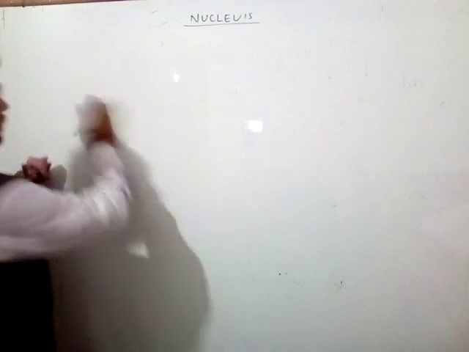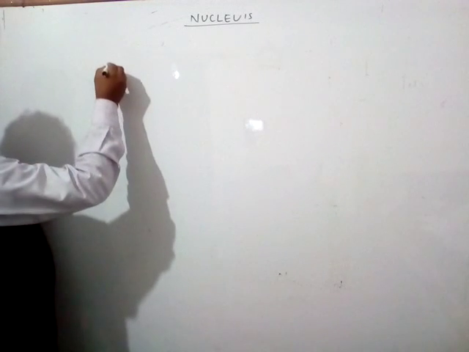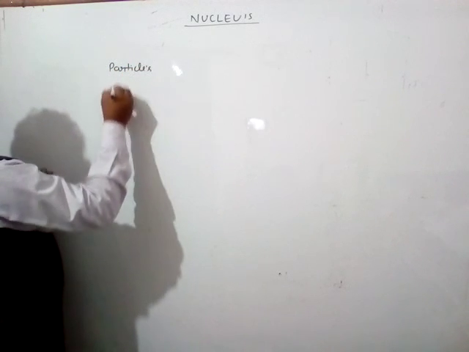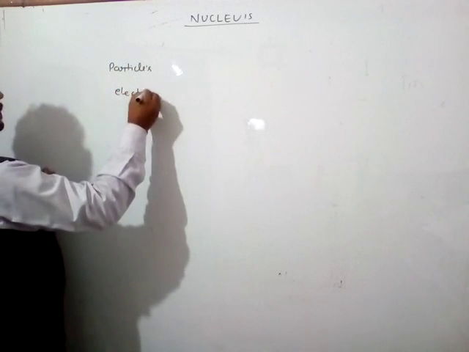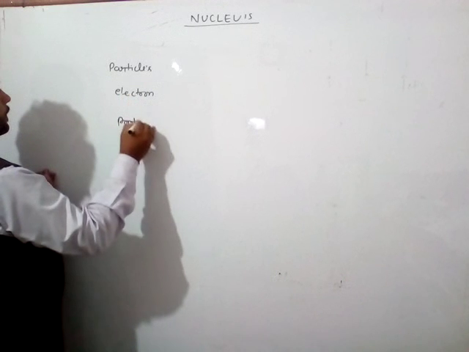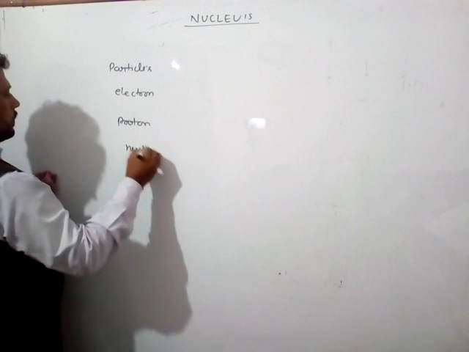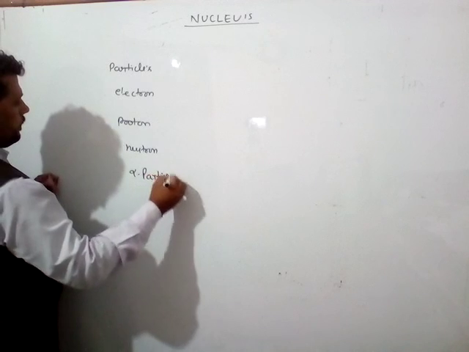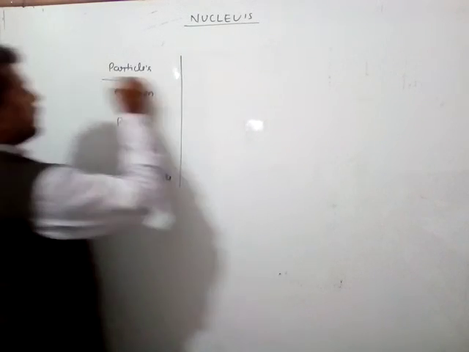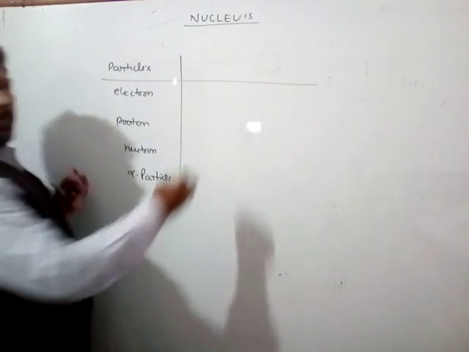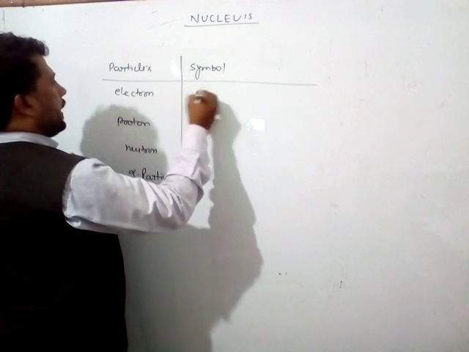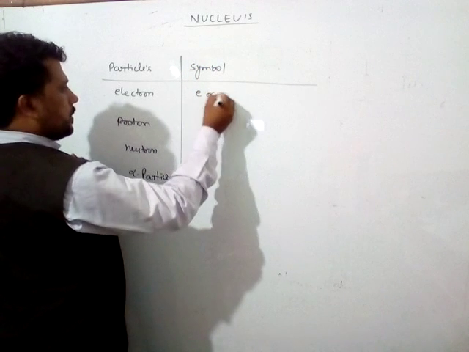So let me discuss here first of all the names of the particles: electron, proton, neutron and alpha particle. Its symbol is denoted by e or e minus.